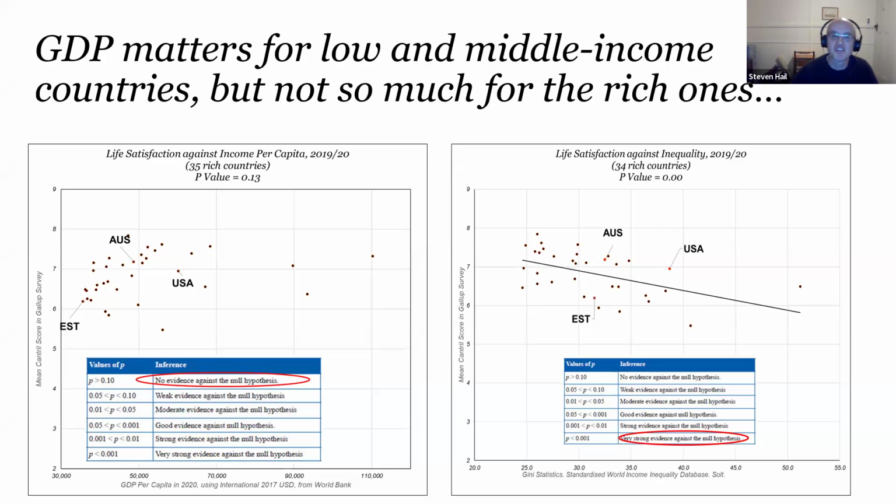And what you can see on the right-hand side here, which is also something which is true every year, is there's very strong statistical evidence that, for a variety of reasons that we don't need to go into now, when you look at rich countries, and there's 34 as opposed to 35 because there's not data on inequality for everyone necessarily, there must be one country that's missed out, forgotten which one here, then you get a statistically significant relationship.